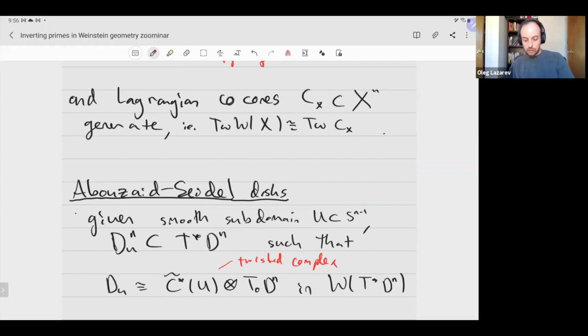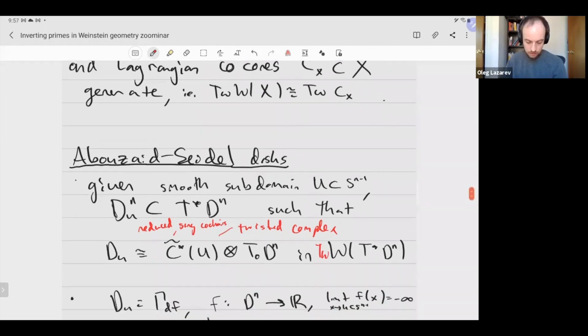You just take the reduced singular cochains on U, which is a chain complex, and you tensor that with a cotangent fiber of T*D^n. So the thing on the left is a genuine Lagrangian, the thing on the right is some twisted complex, but they're isomorphic in the Fukaya category.